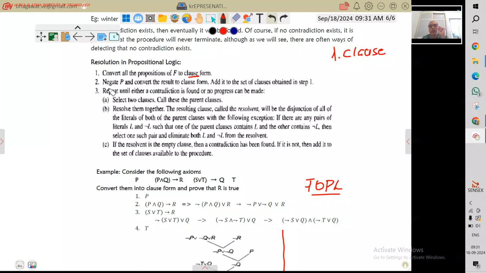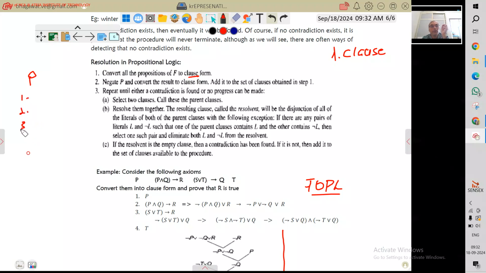That is what you want to prove as far as the resolution principle. Suppose you want to prove P. You convert that result to clause form, and add it to the set of all the clauses obtained in the first step. Say you are given 5 facts.